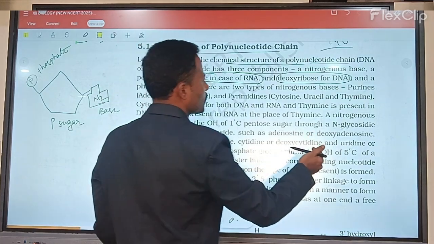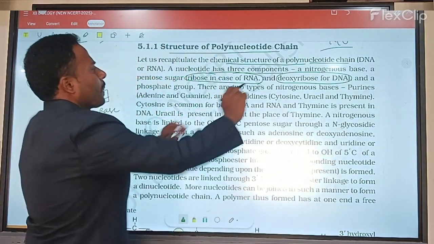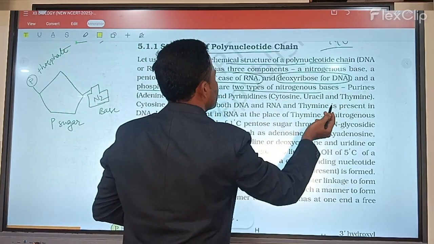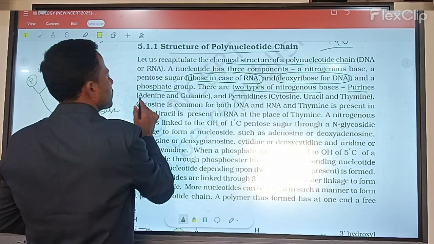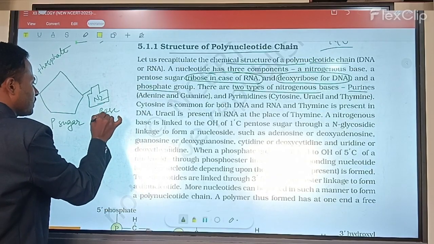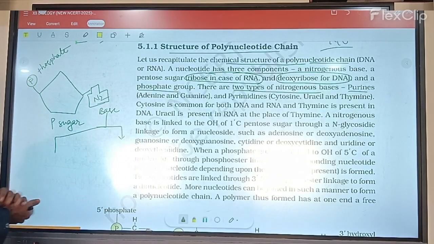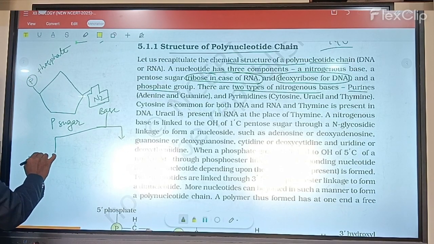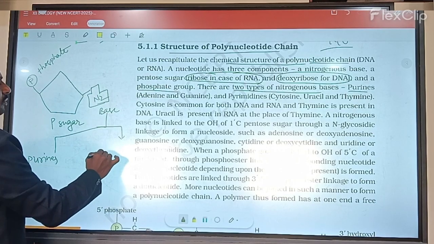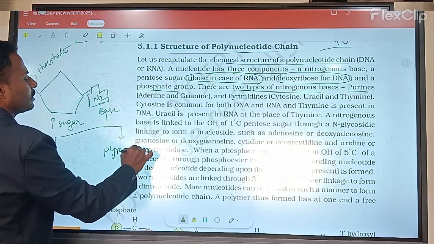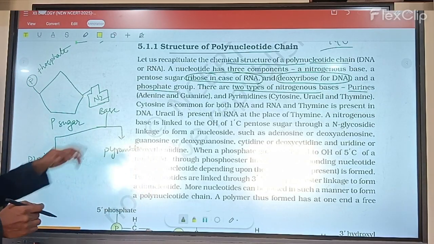There are two types of nitrogen bases: purines and pyrimidines.